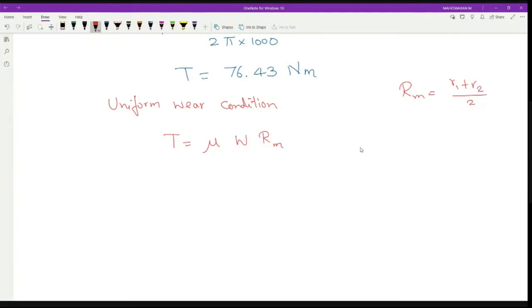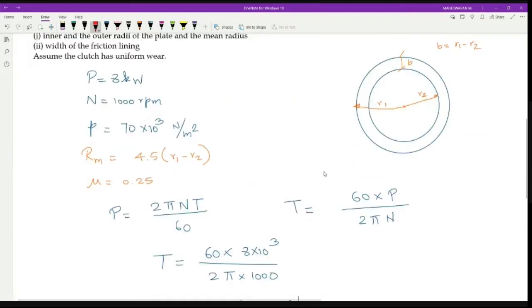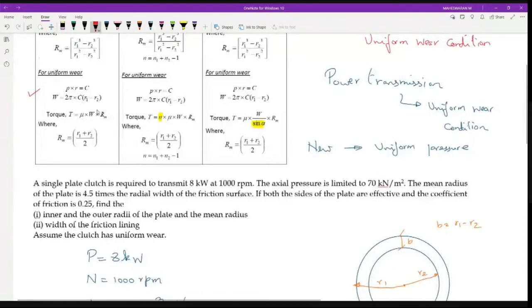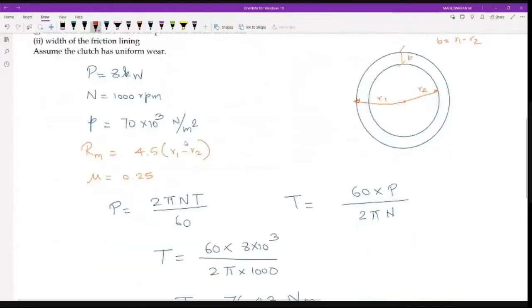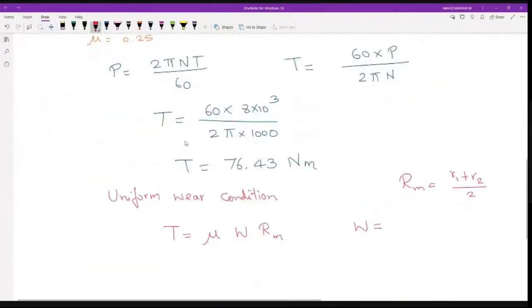Let us identify what W is. The formula for W is 2 pi C into R1 minus R2.